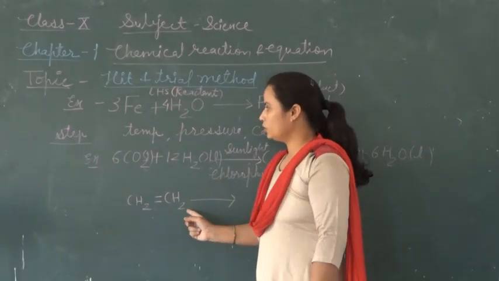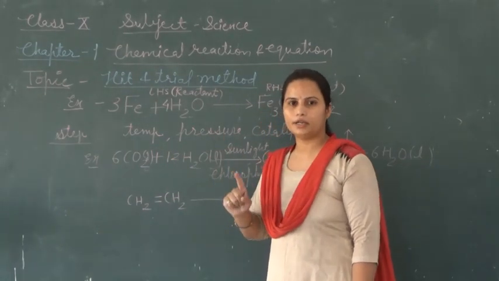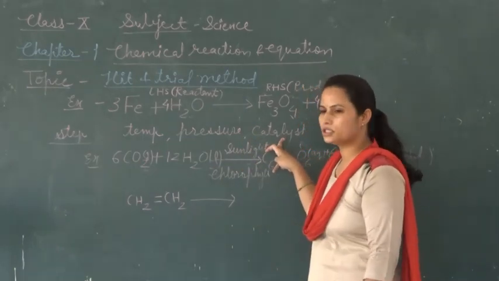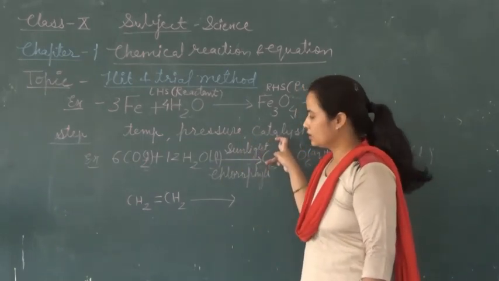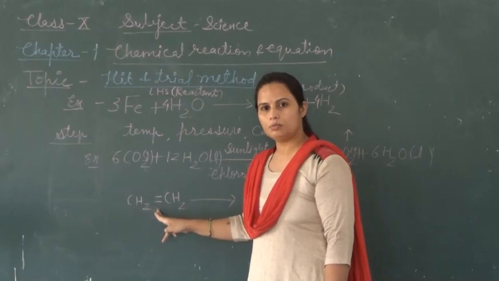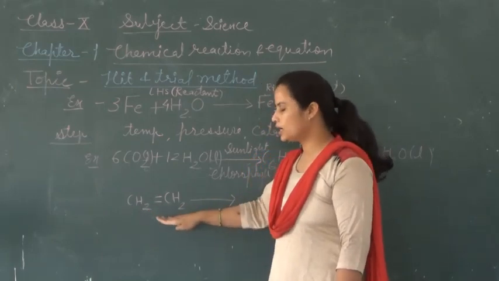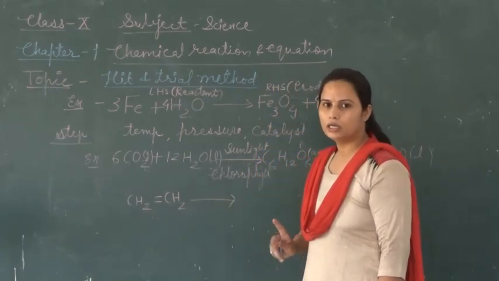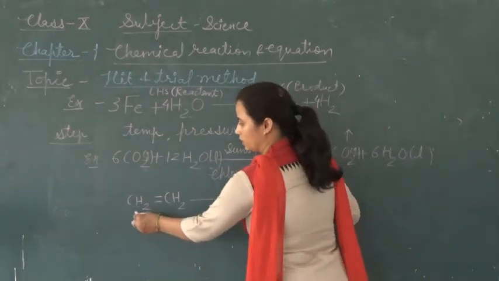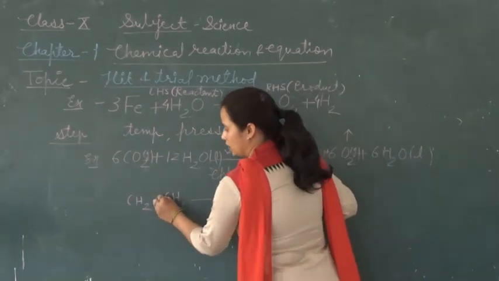If any chemical reaction requires a catalyst, how do we show it? For example, CH2 double bond CH2 is an unsaturated hydrocarbon. Why is it unsaturated? Because between the CH2 and CH2 there is a double bond.